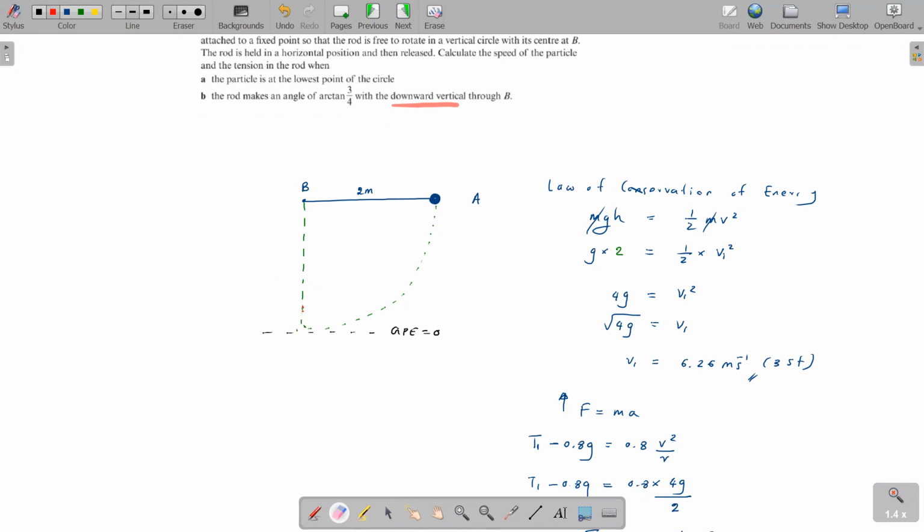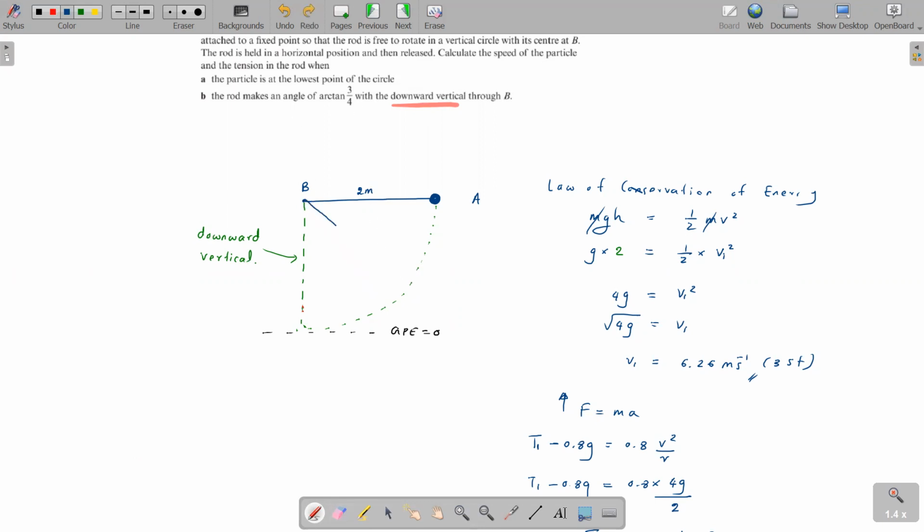Okay, so guys, this is the downward vertical. I'm going to do part B here. They are asking you to find the speed when the particle makes an angle of arctan 3 over 4 with the downward vertical.